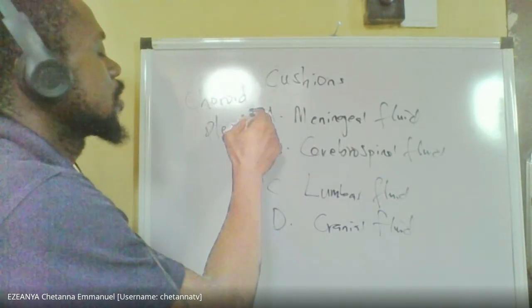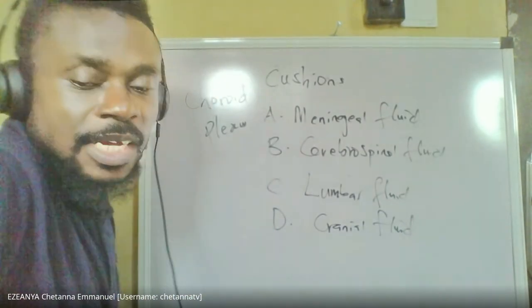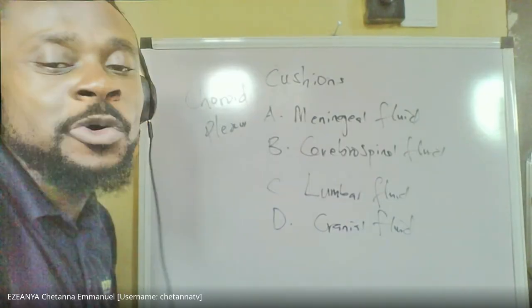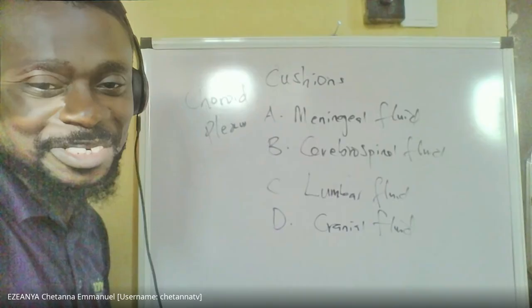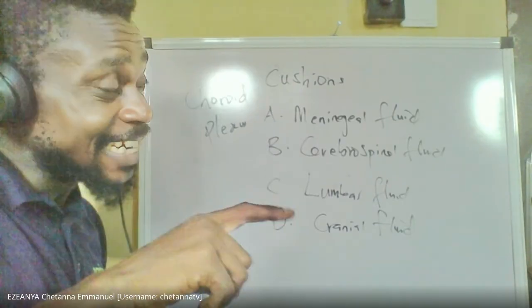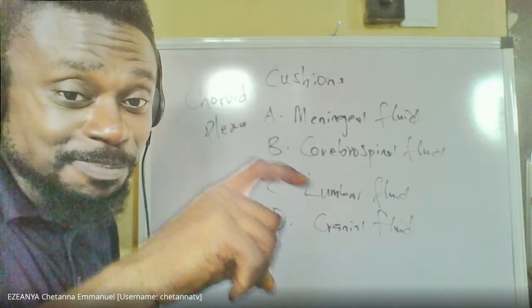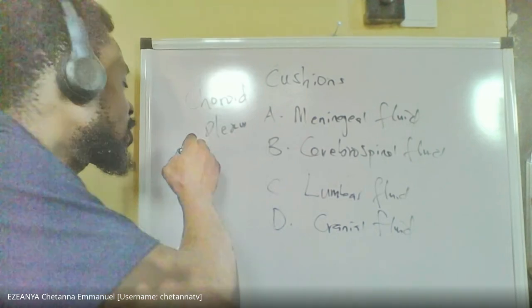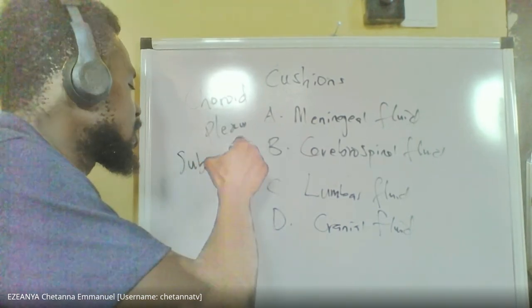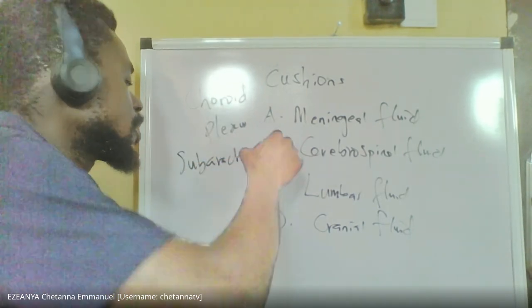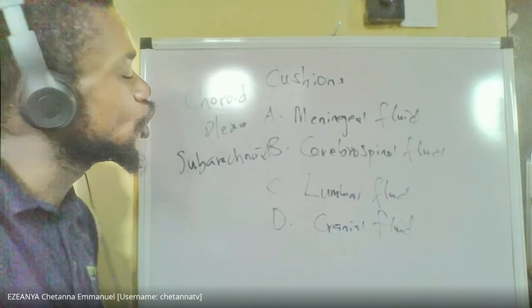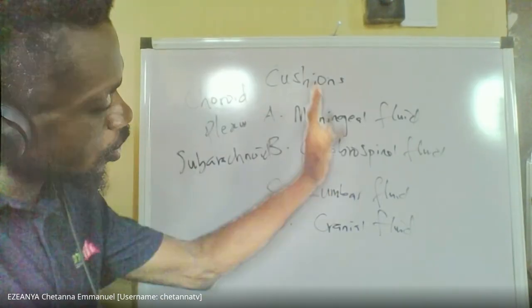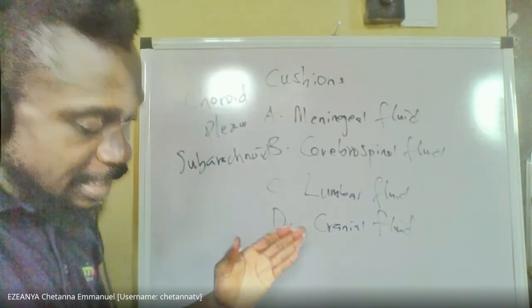Choroid plexus. And it circulates around the brain and the spinal cord within the subarachnoid space. So it cushions the neural tissues, the spinal cord, and the brain.